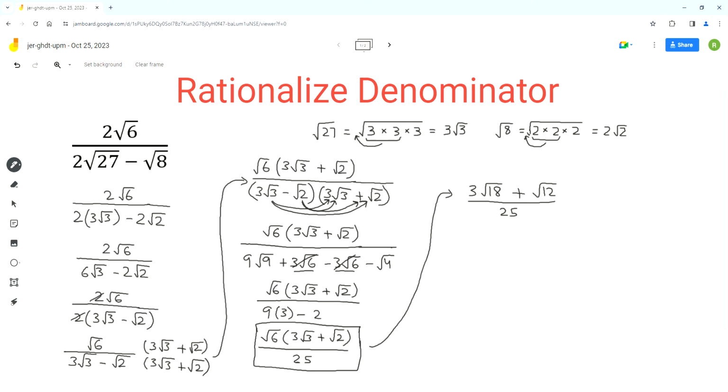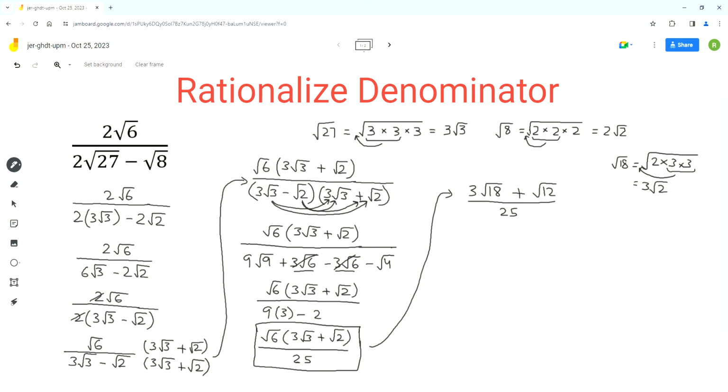Now we can rationalize square root of 18. So square root of 18 can be reduced by breaking up 18 into its prime factors. So square root of 18 can be written as square root of 2 times 3 times 3. So now the two 3's can be taken out as a single 3 in the front. So it will become 3 square root 2.